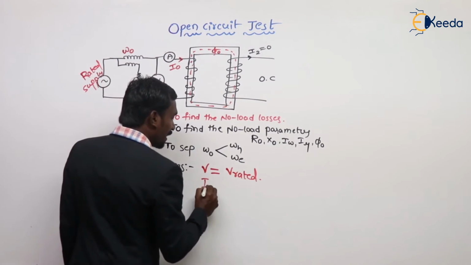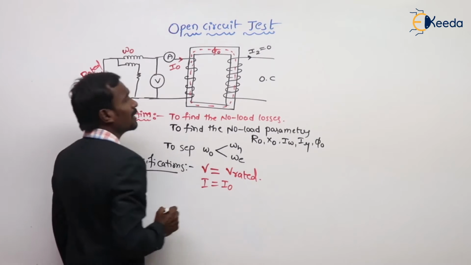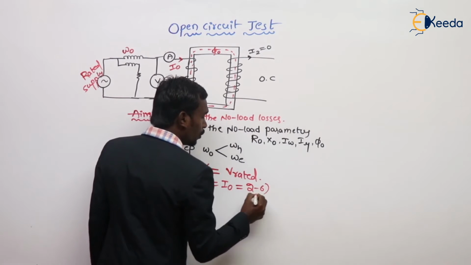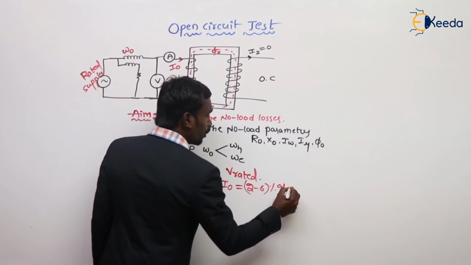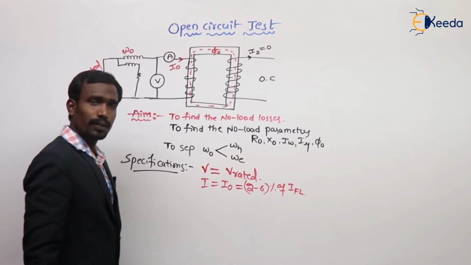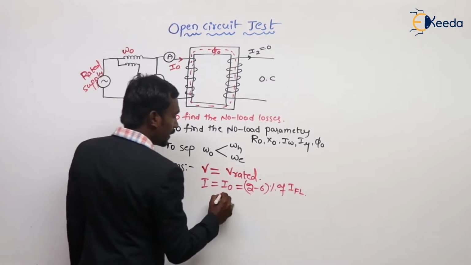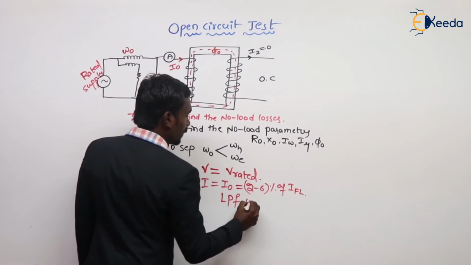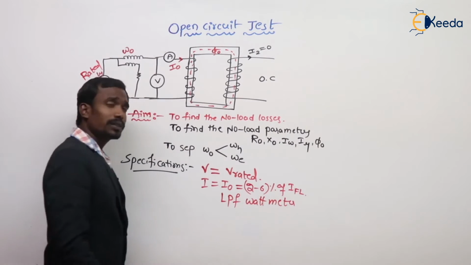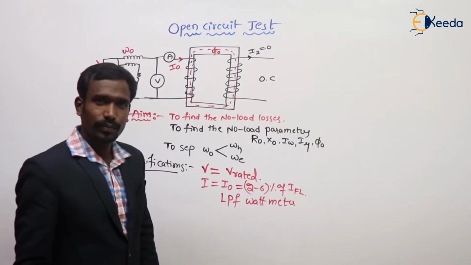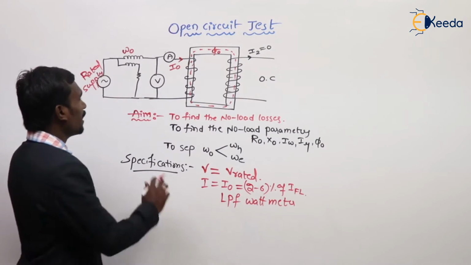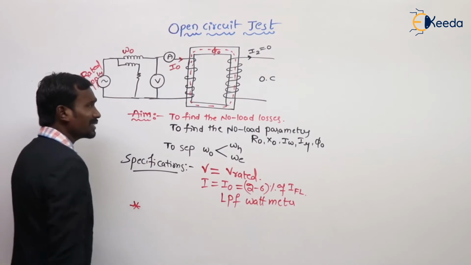The current drawn by the transformer is I0, and this I0 value is 2 to 6% of full load current. Here we have to use an LPF wattmeter.